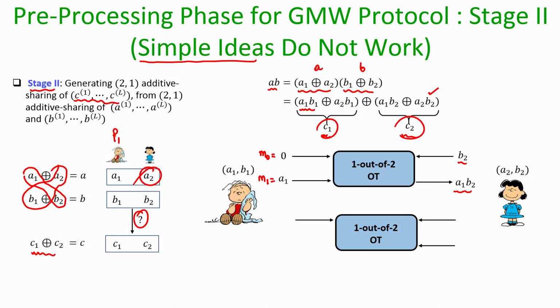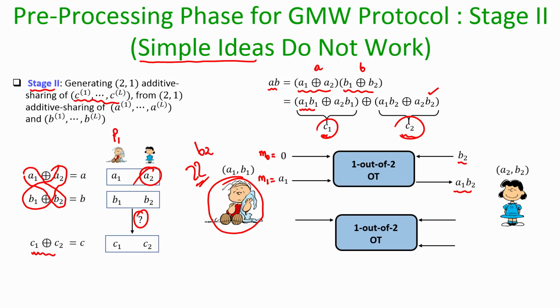And in this process, if the first party, who is the sender, is corrupt, he does not learn anything about B2. Why? That comes from the receiver's privacy, because B2 is the choice bit of the second party, and if indeed this is a secure OT protocol, then a corrupt first party does not learn anything about the choice bit of the receiver, who is the second party, and hence it does not learn anything about B2, fine.